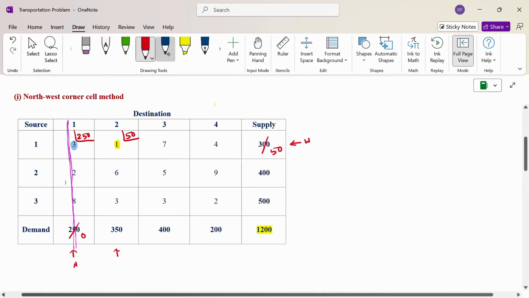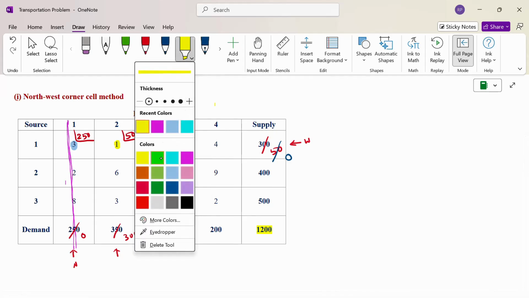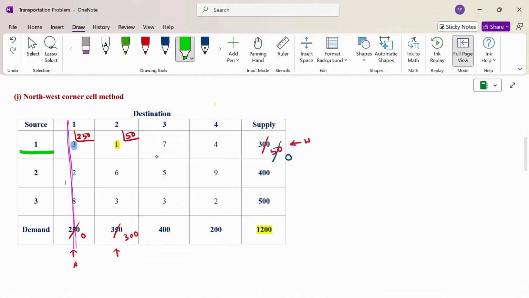Once allocated, the balance is 0, and 300 for demand. Now see here the row is 0, therefore delete the entire row.